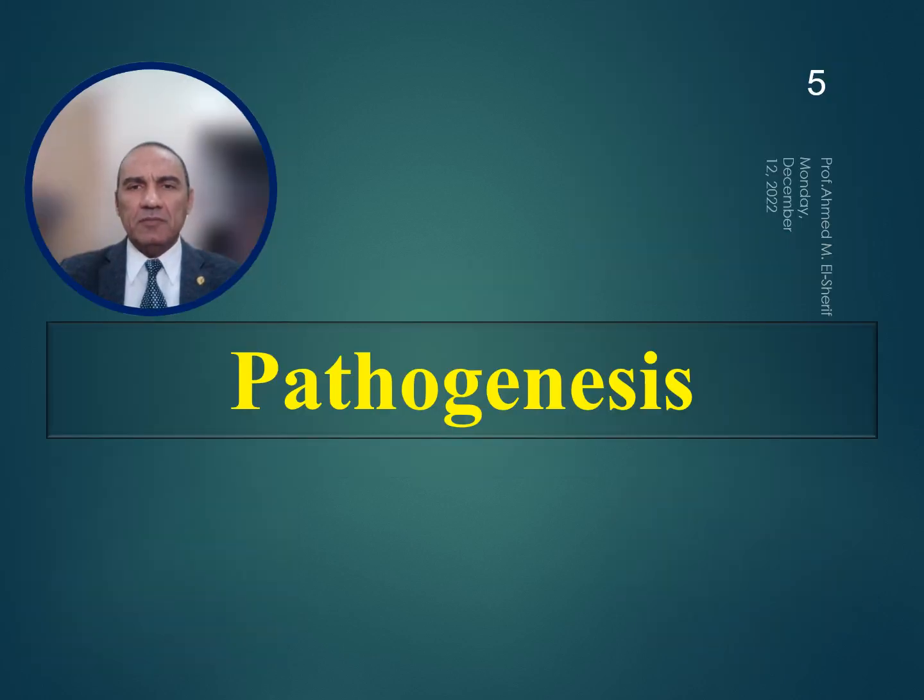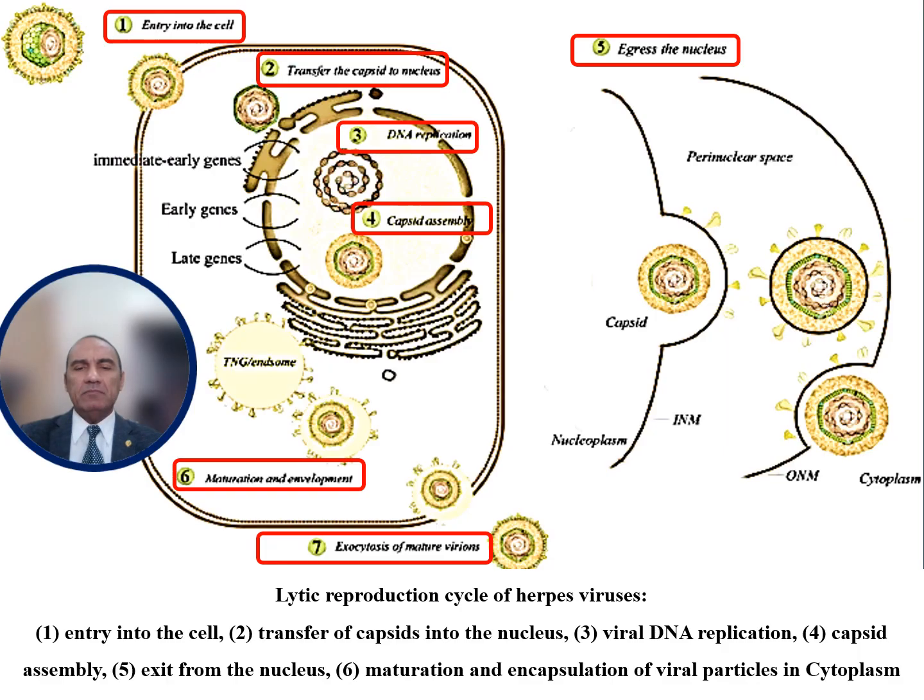Pathogenesis of IBR. This diagram explains the lytic reproduction cycle of any herpes virus, one of them is bovine herpes virus 1.